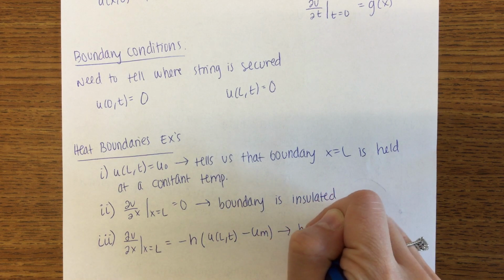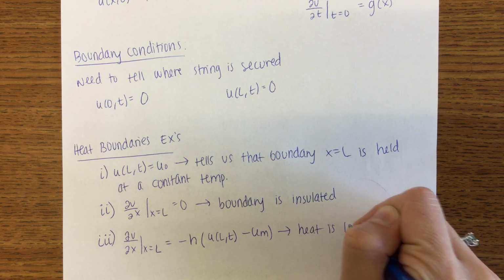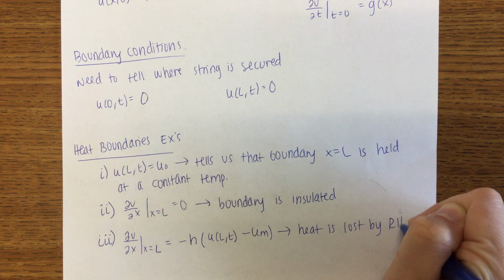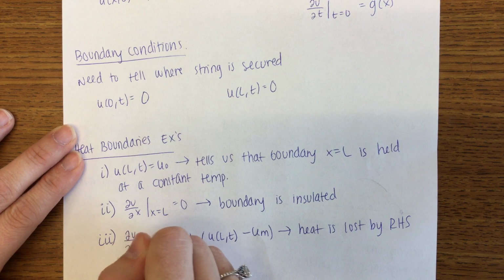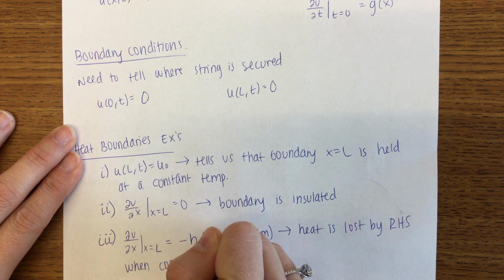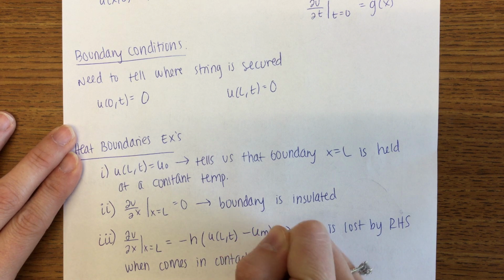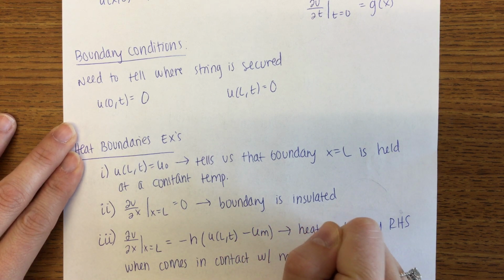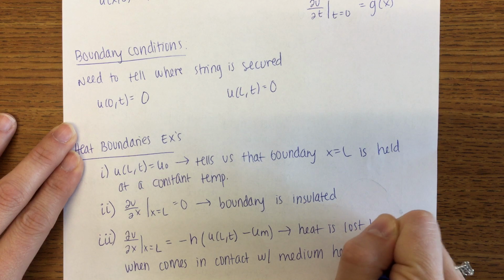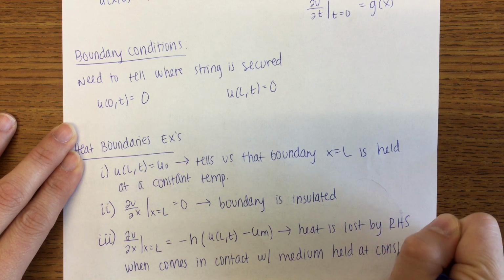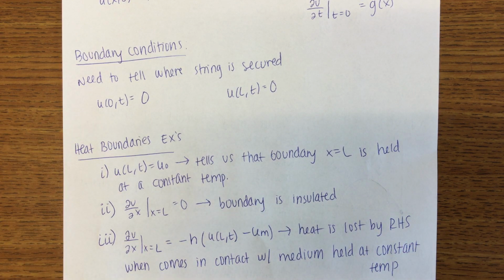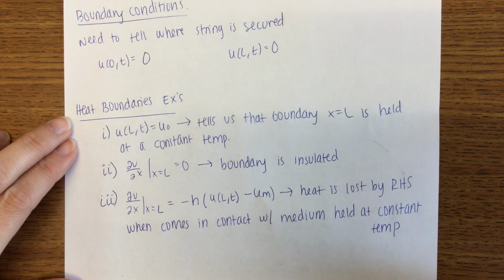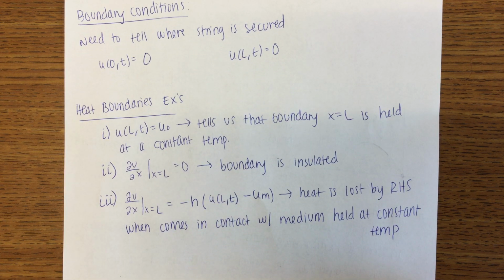What this is telling us is that heat is lost by the right-hand side of the rod when it comes in contact with a medium held at a constant temperature. And again, you could have something similar for the left-hand side.